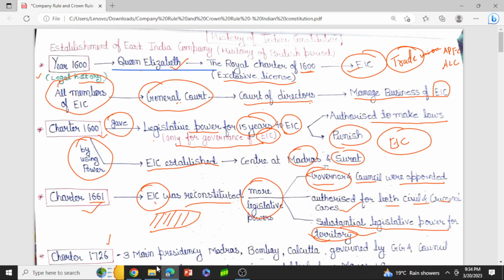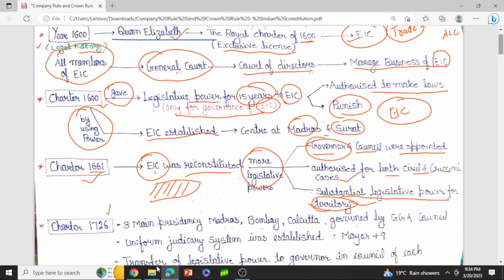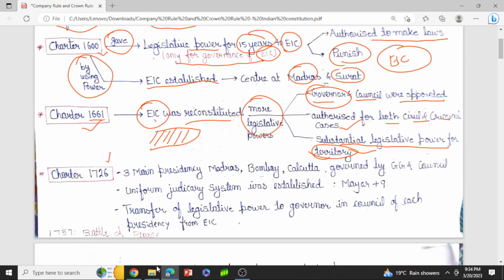Then the Charter of 1726. This was the year where three main presidencies, Madras, Bombay and Calcutta, were formed and governed by a Governor General and council members. In this charter, a uniform judiciary system was established. Uniform, similar, same everywhere.